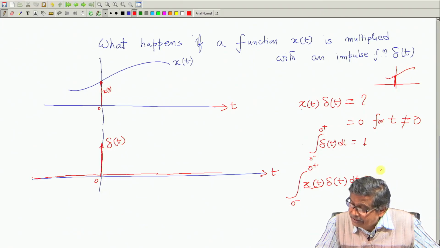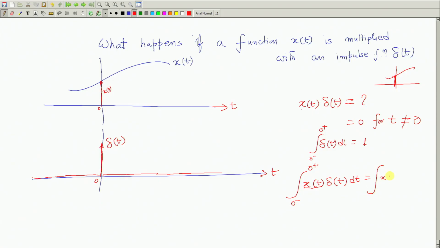So, this integral will become equal to x(0) times the integral of delta(t) dt over this range. What is x(0)? It is a finite value, and once it is there, you can take this x(0) outside and say the integral from 0 minus to 0 plus of delta(t) dt.